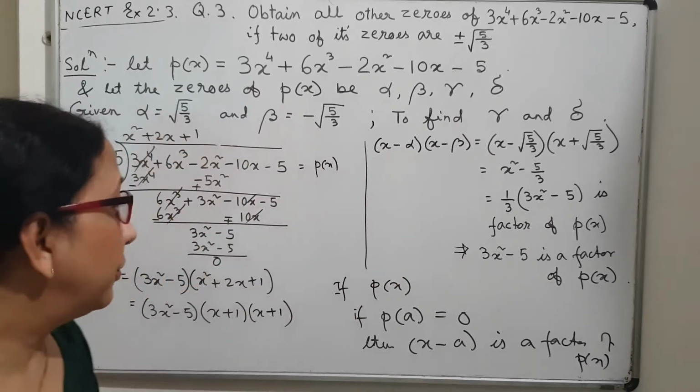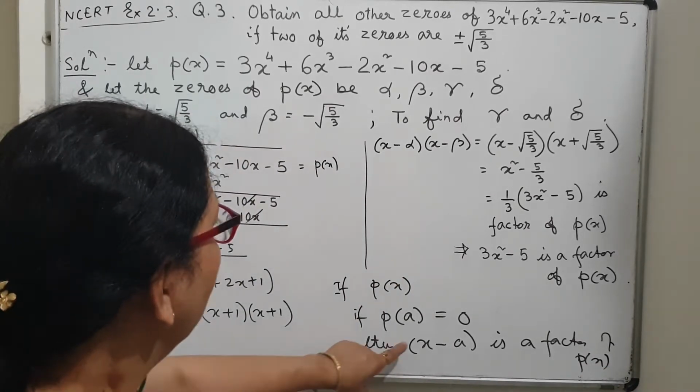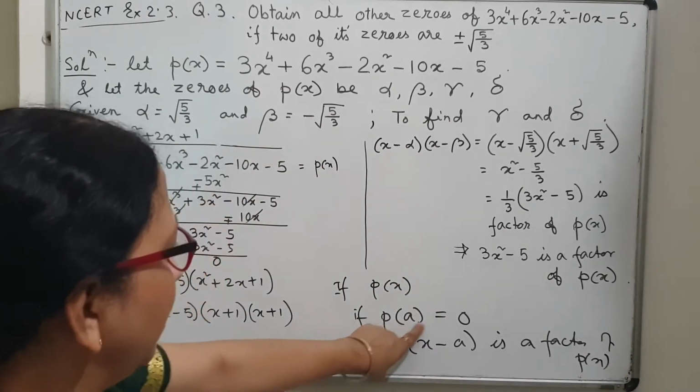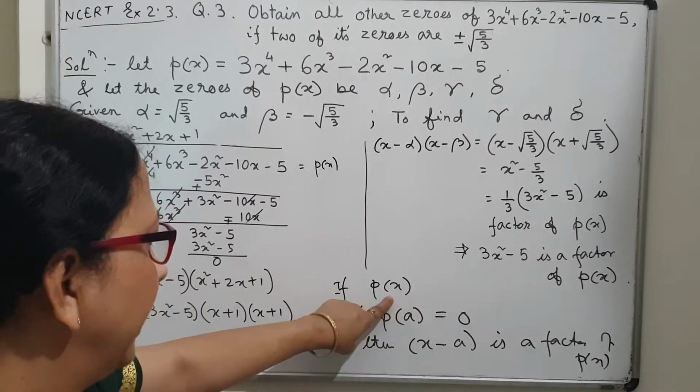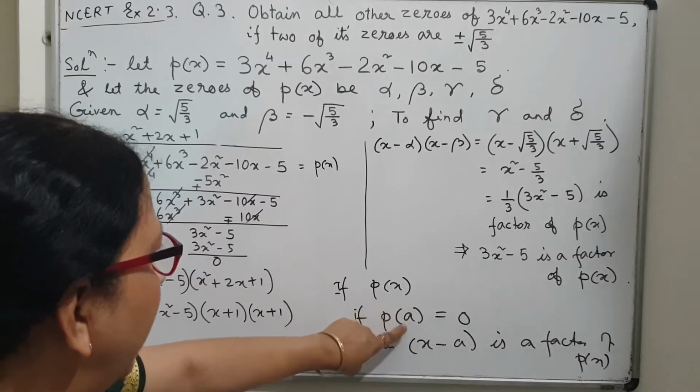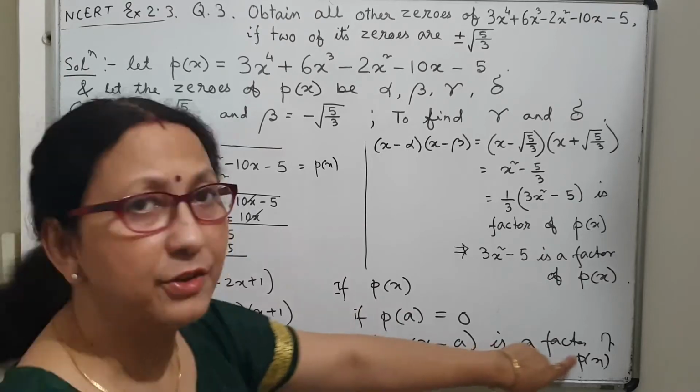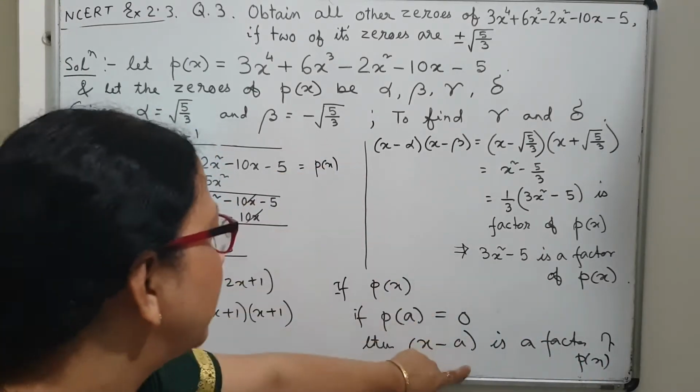So p(a) is 0 means a is a zero of p(x). So if a is a zero of p(x), x minus a is a factor. So I can use this knowledge.